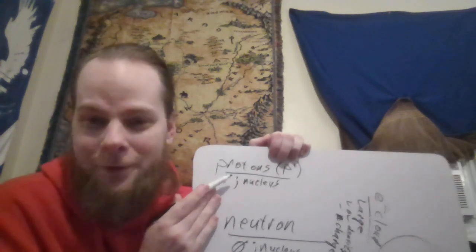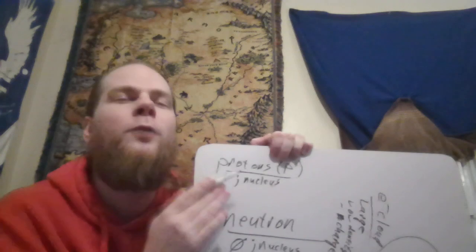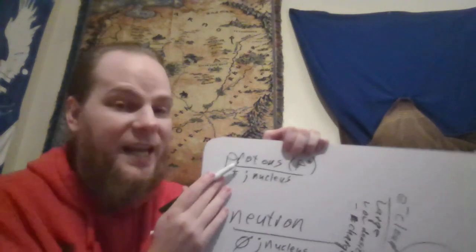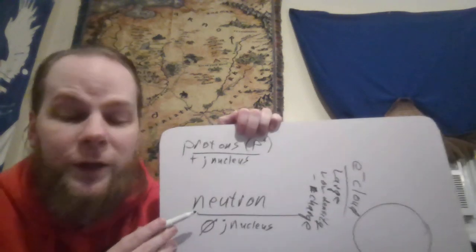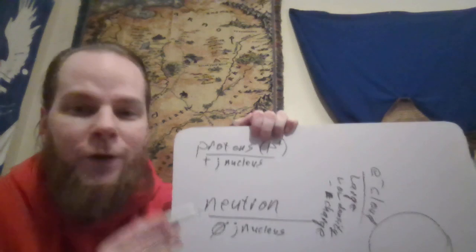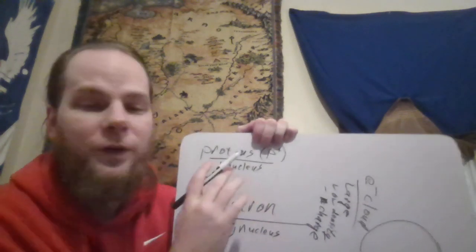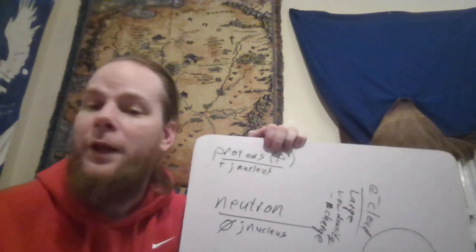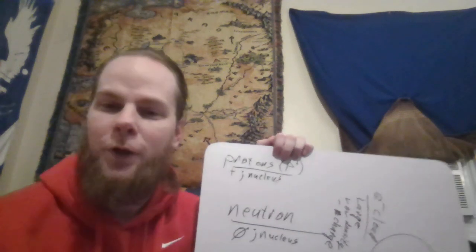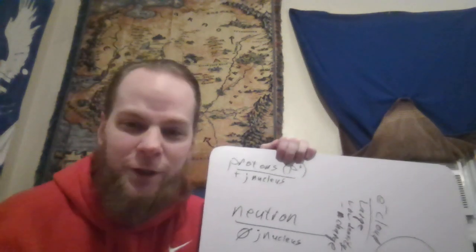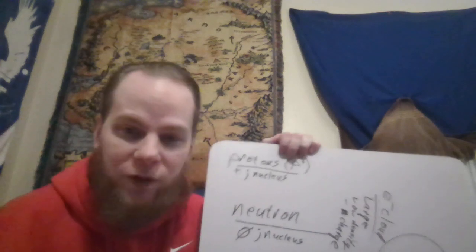They keep it from exploding because these don't like each other. They hate each other, in fact. They want nothing more than to run away from each other. But they can't because the neutrons stabilize the nucleus. And since it's stable, the protons are willing to put up with each other. It's kind of like in a seating chart. Two people who just hate each other and don't want to talk to each other.